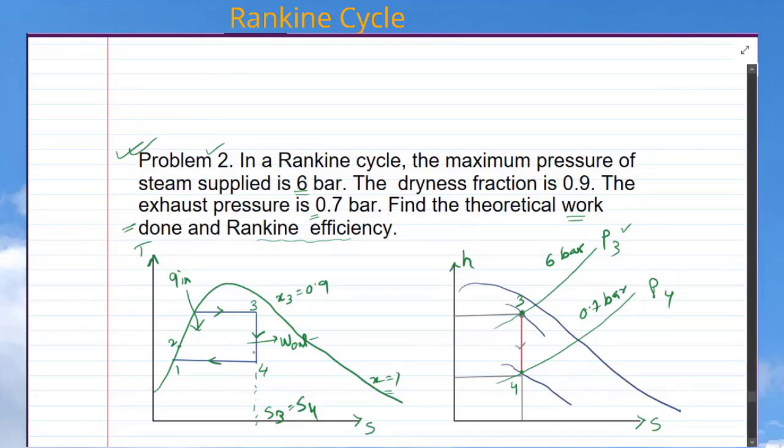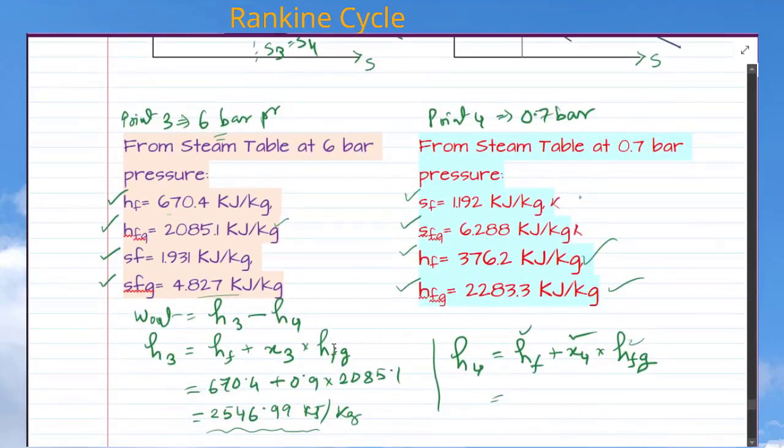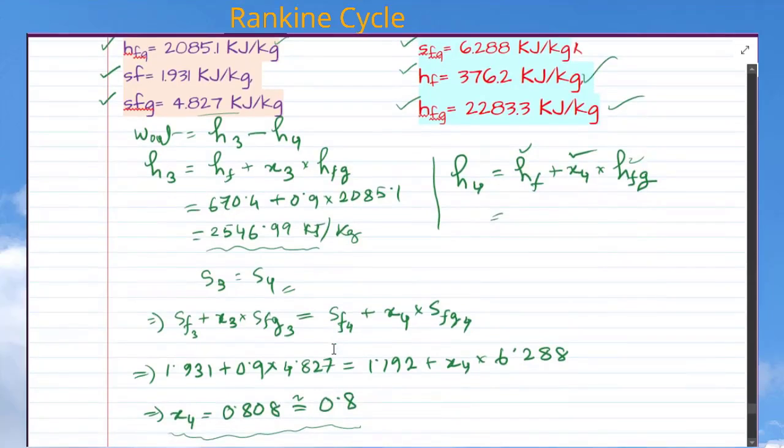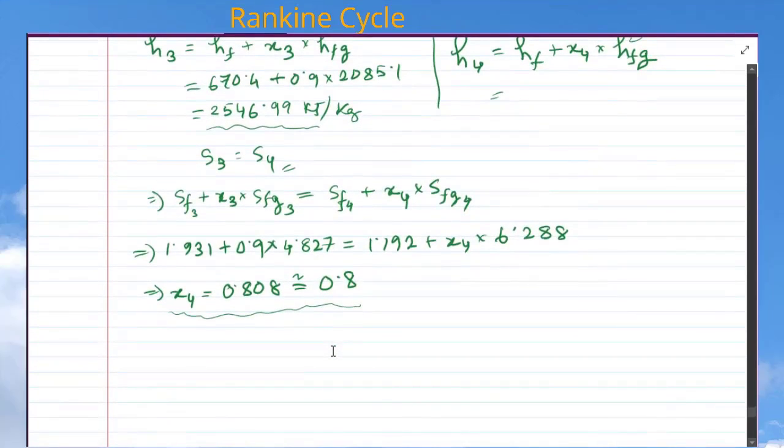That means we get the dryness fraction of steam at this point, which is equal to x4. So now we can find out the value of H4.